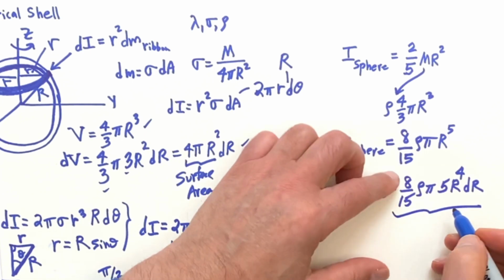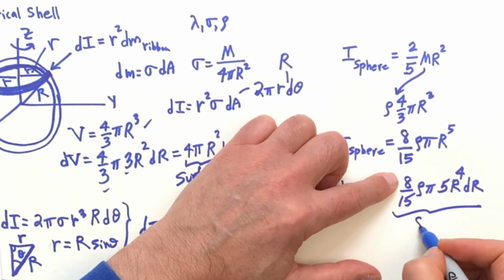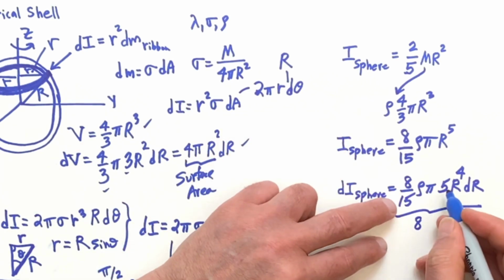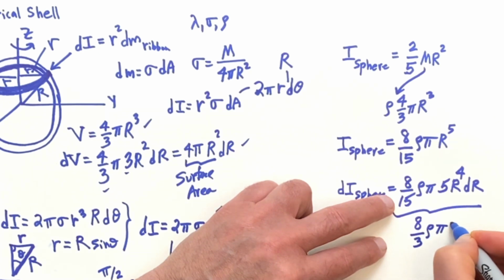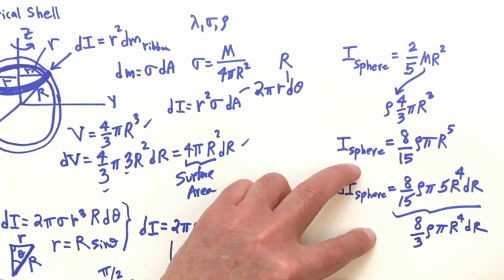Let me simplify this. This will have an 8/3 rho pi r to the 4th dr. Okay?